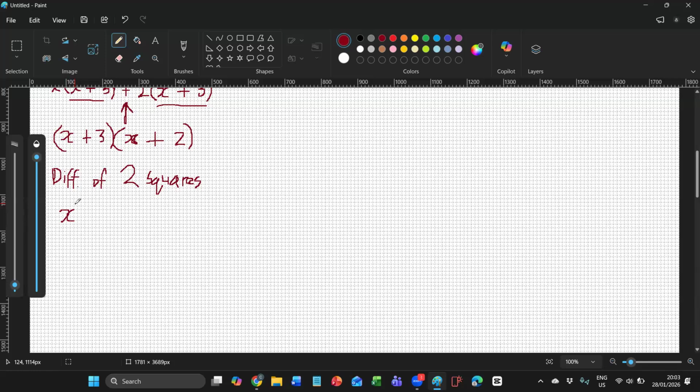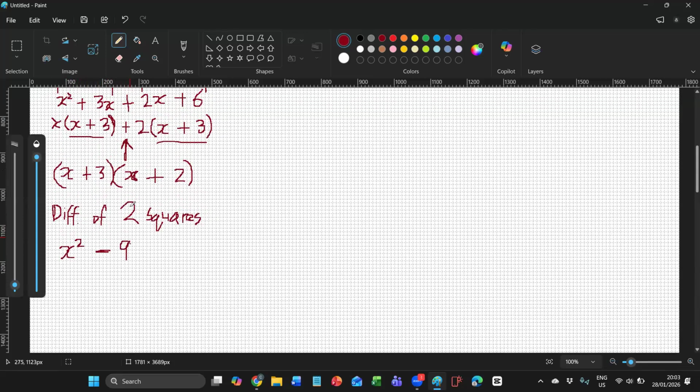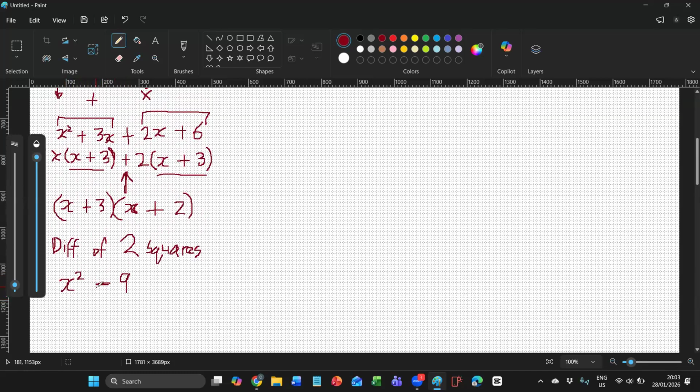So look at how this one looks. x squared minus 9. Now they give you this kind of expression. I know the first thing that will come to your mind is, wait a minute, this looks like a quadratic equation, but it's not complete, isn't it? It looks like it's missing the middle part, right? Good.